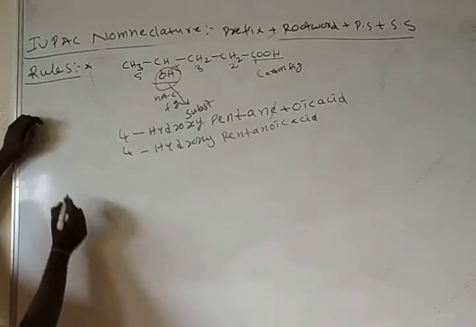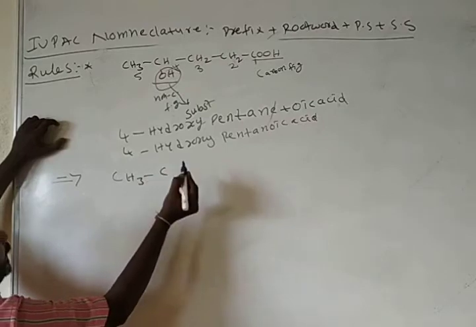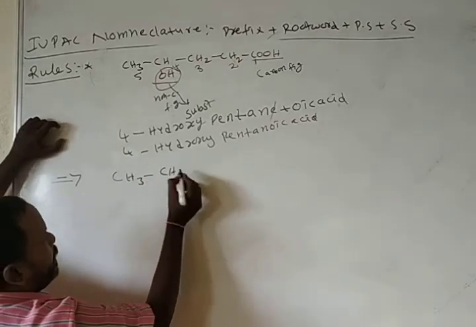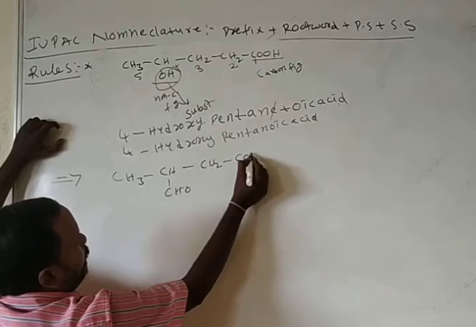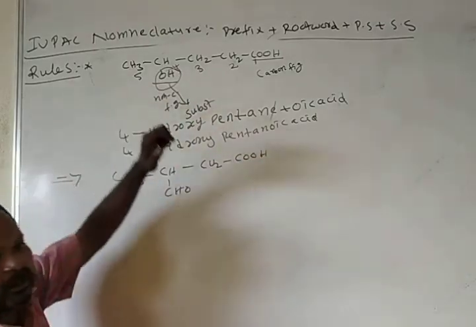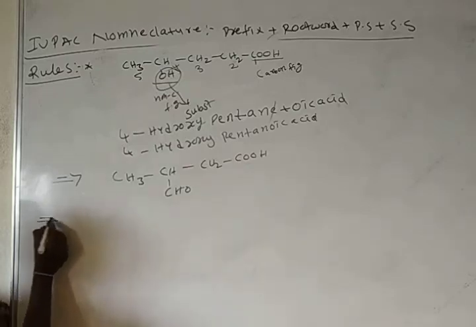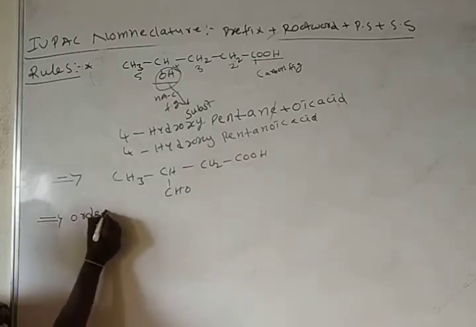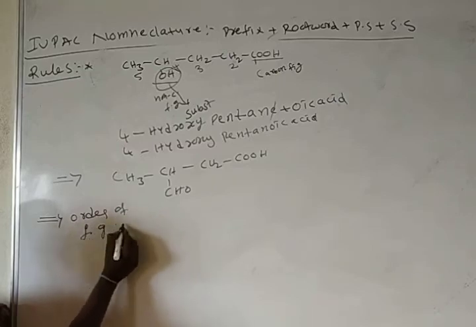In continuation, if a molecule contains two carbon functional groups, how will you give the numbering? From left to right or right to left? You should follow this order, the order of functional groups.